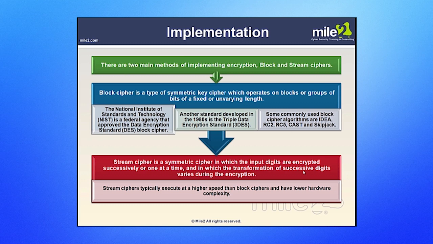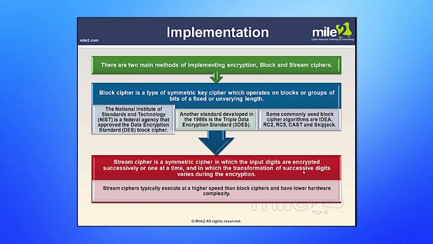The National Institute of Standards and Technology approved this initially, but as time has gone by, we found that it was not sufficient. And that's pretty typical with encryption. We may find that one particular encryption algorithm appears to be great, and then over time, with better computers and better technology, we find that it's no longer sufficient.